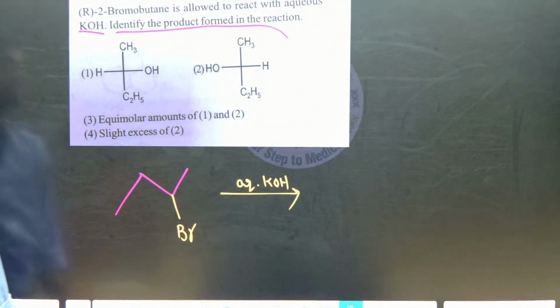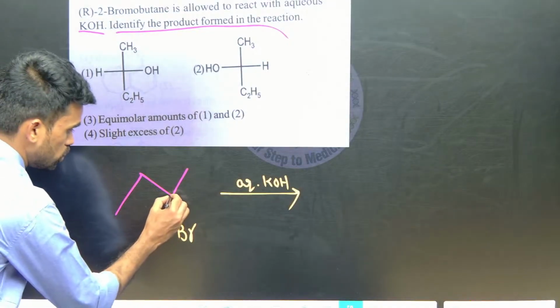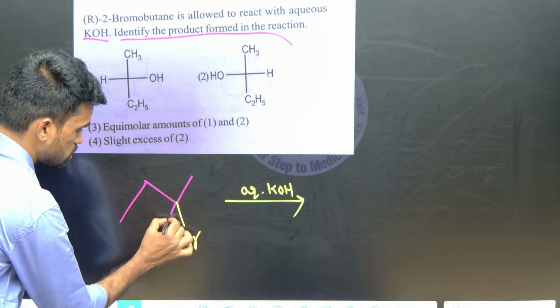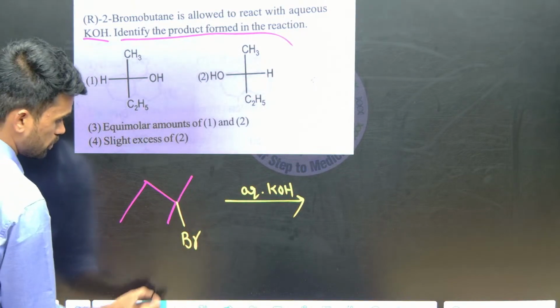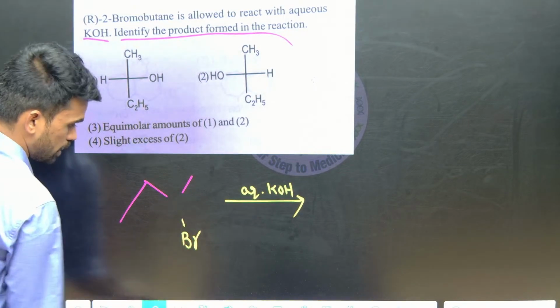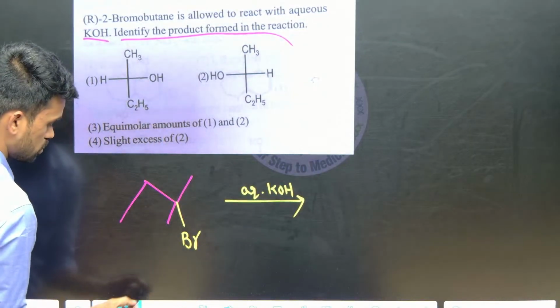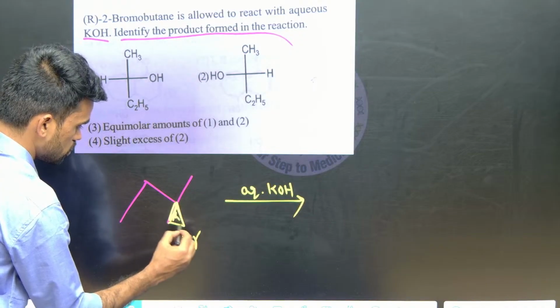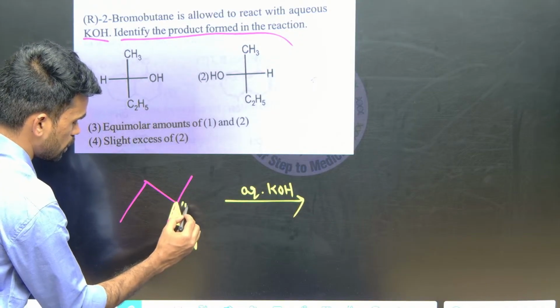See here, R means, I told you to write this thing, stereochemistry. So R-2-bromobutane means, let us say this is above the plane, and bromine and hydrogen are below the plane.